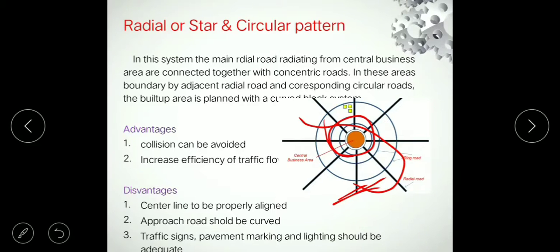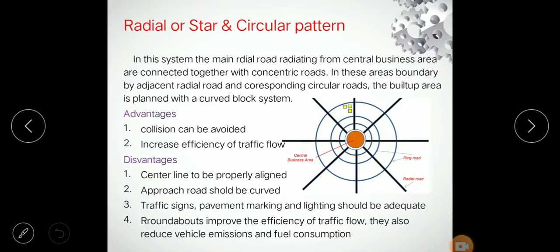The third type of road pattern is radial or star and circular pattern. In this system, the main radial roads radiate from the central business area and get connected together with the concentric roads. In these areas, bounded by adjacent radial roads and corresponding circular roads, the built-up area is planned and the curved block system is formed.